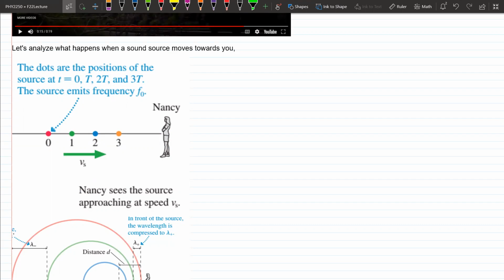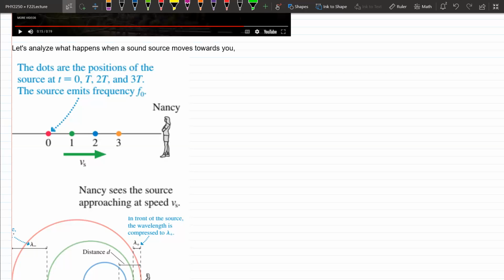As the sound gets created, it propagates outward. At time t equals 1 second, it'll reach this point. At t equals 2 seconds, it'll reach this point. At 3 seconds, it'll reach this point. Eventually it reaches your ear, and that's how we hear the sound. So the speed of the sound is going towards this person, Nancy. Vs is the speed of the sound.